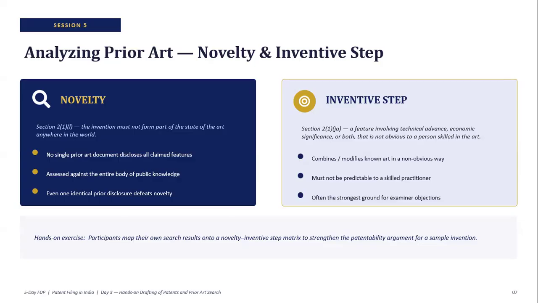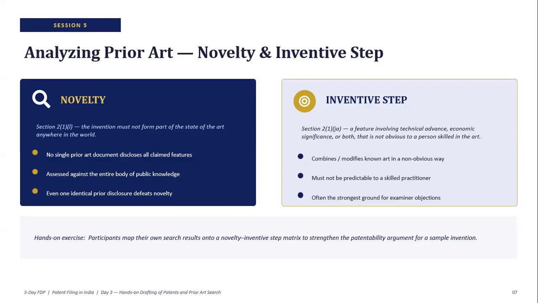Next, we consider inventive step. Section 2 concerns a feature involving technical advance, economic significance, or both, which is not obvious to a person skilled in the art. The analysis therefore goes beyond simply asking whether individual features are already known. We must consider whether the claimed combination or modification represents a non-obvious technical contribution.